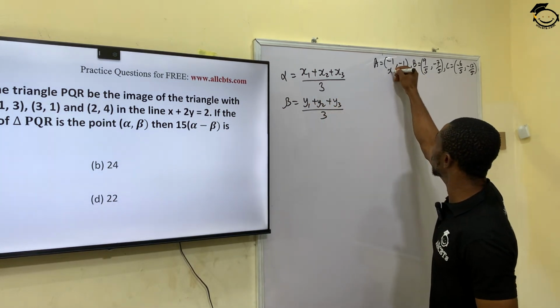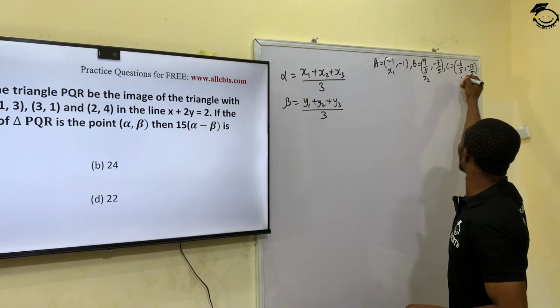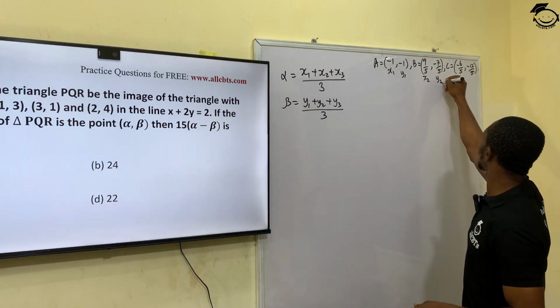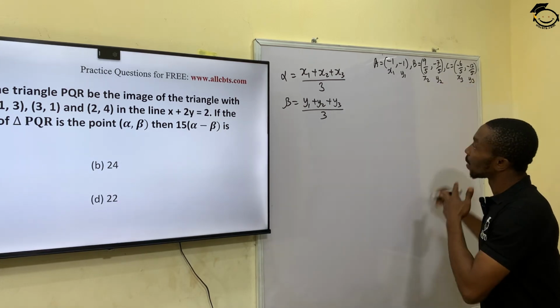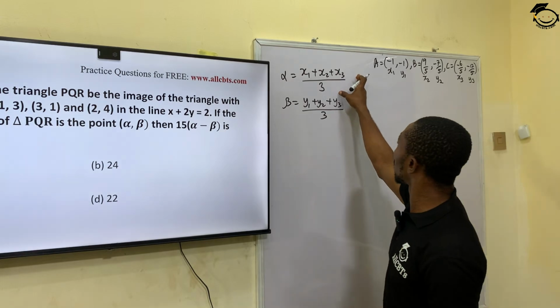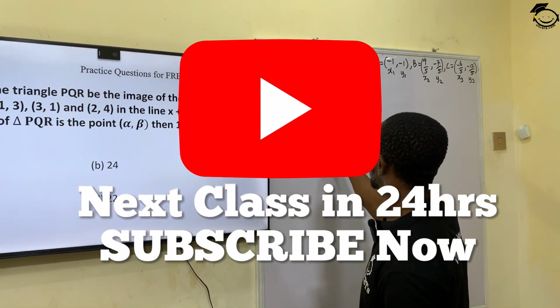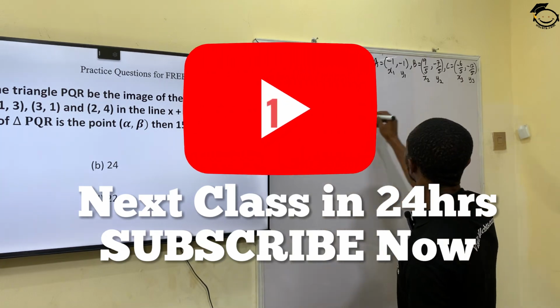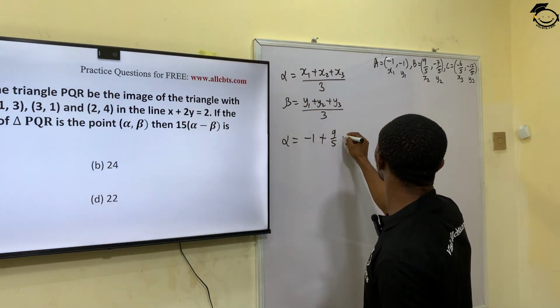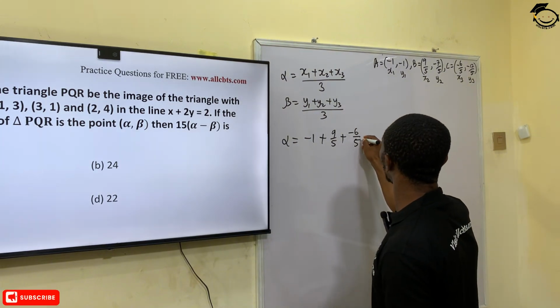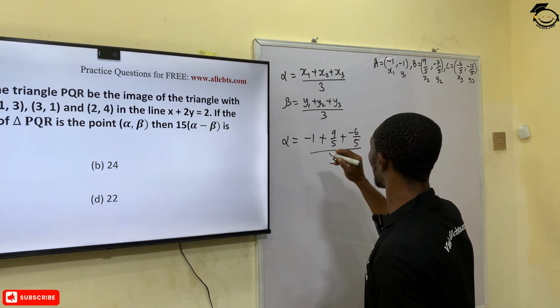Now this is our x1, x2, x3, y1, y2, and y3. Let's calculate our alpha. Alpha will be minus 1 plus 9 over 5 plus minus 6 over 5 all over 3.